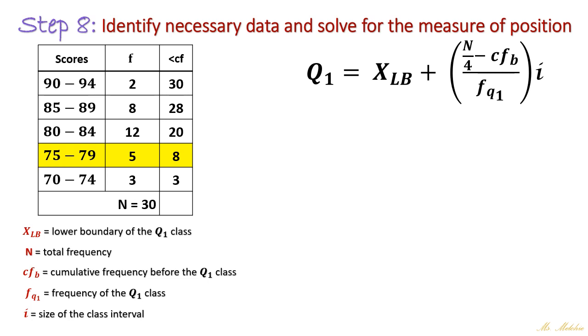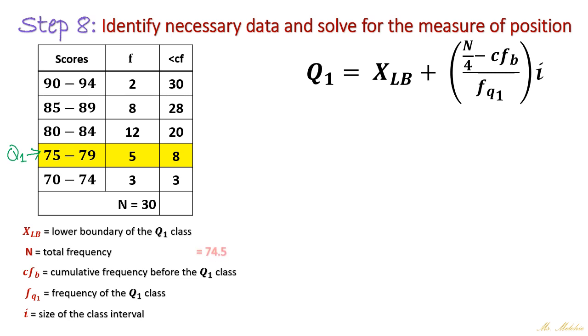Again, let us take note that a while ago, we were able to get our Q1 class, wherein we consider 75 to 79 as our Q1 class. So that will be our focus to find the lower boundary, the cumulative frequency before the Q1 class, and the frequency of the Q1 class.